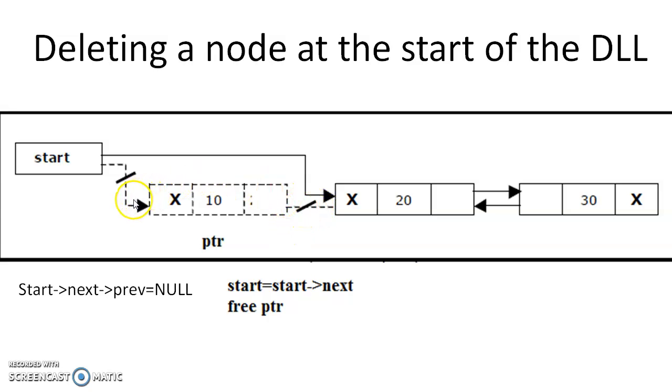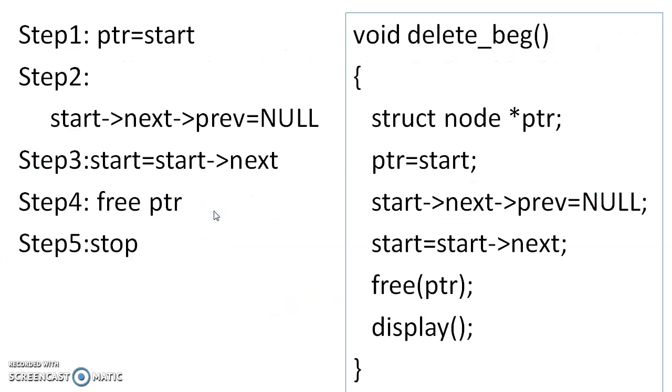Then I want to remove this particular link and place the second node as the starting. So the start is not the first one, start is the start of next, or pointer of next we can write. And we are removing this pointer, that is free pointer. These are the operations that we are performing for removing the starting node of the linked list.